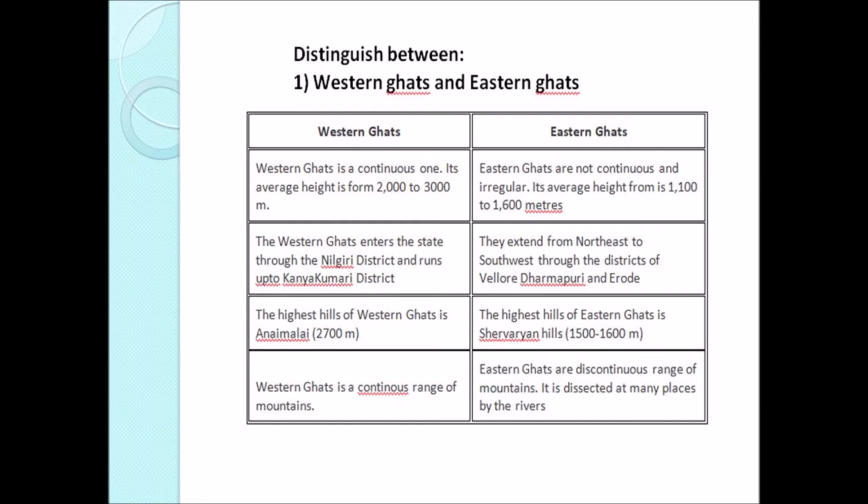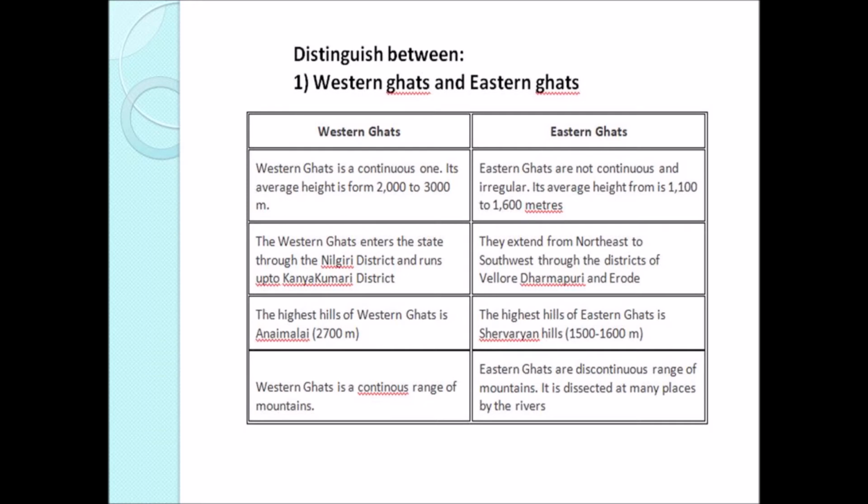Last point is, as we have already seen, Western Ghats are continuous range of mountains and Eastern Ghats are discontinuous range of mountains. It is discontinuous because it is dissected, that is, it is separated at many places by the rivers which flow towards the Bay of Bengal.